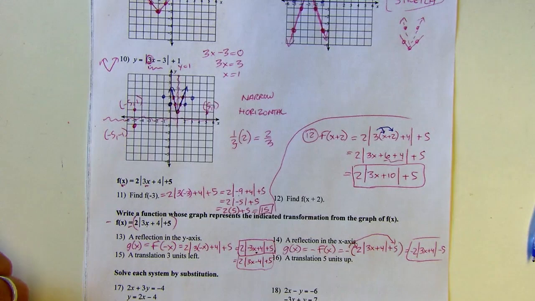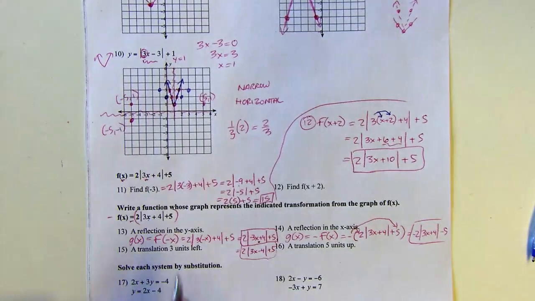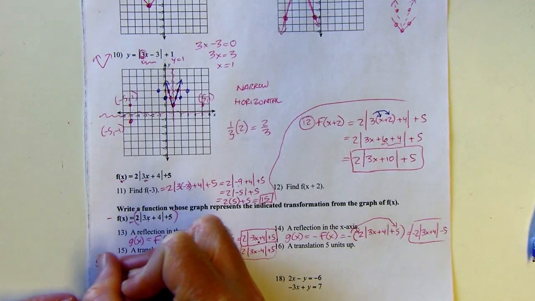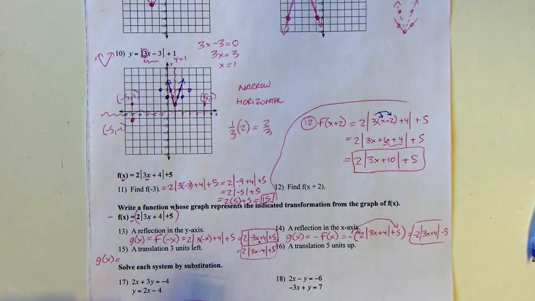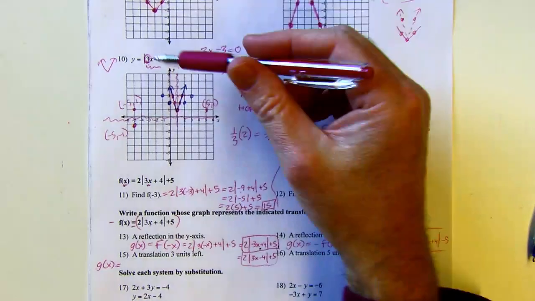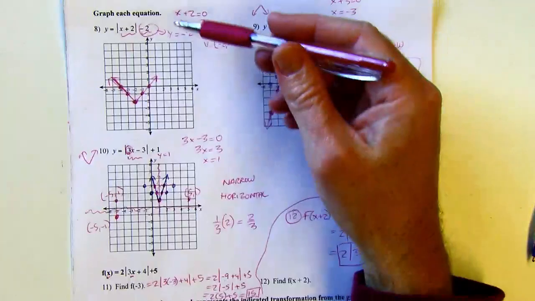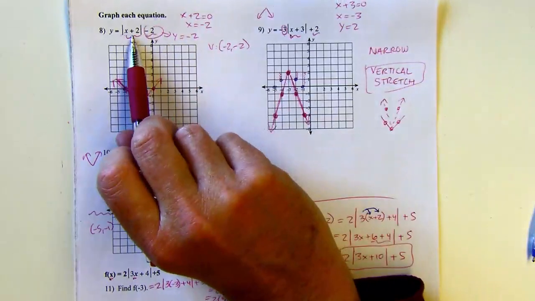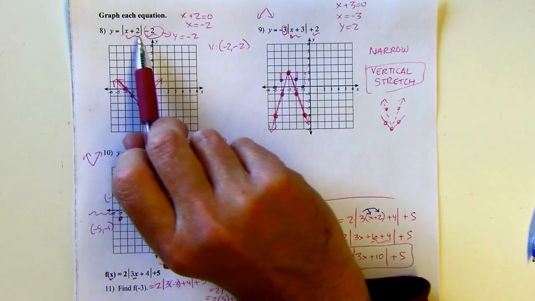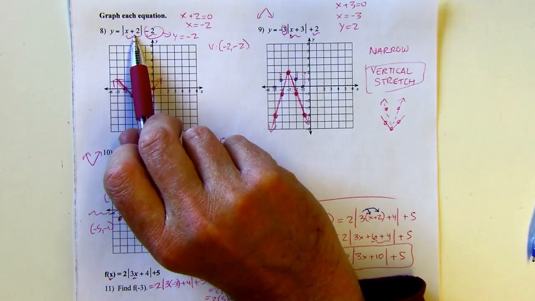Okay. All right, next up, going 3 units to the left. So what I'm going to do when I'm going left and right, well, let's look at these. Let me go up to the top of the screen for a second. If you look at that, the vertex of this has moved left 2 because of this. That's the x value of the vertex.